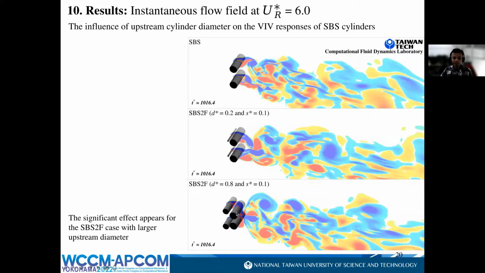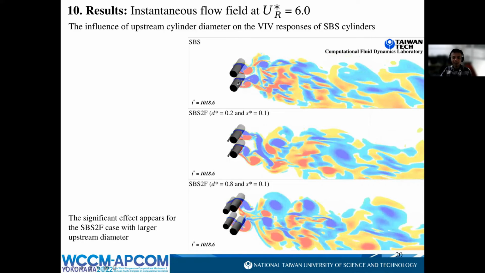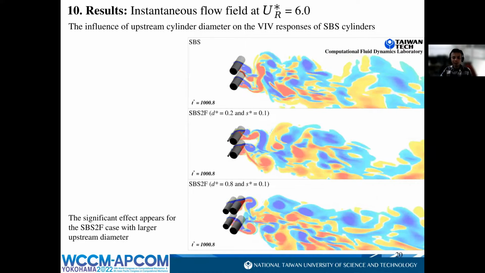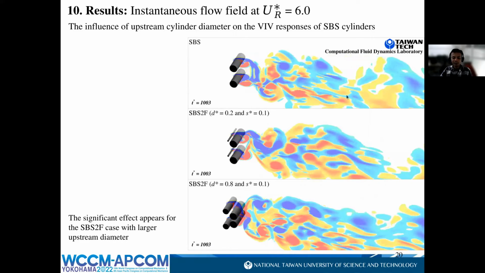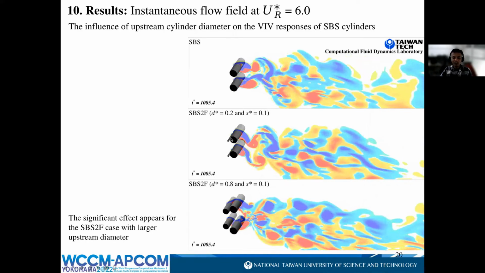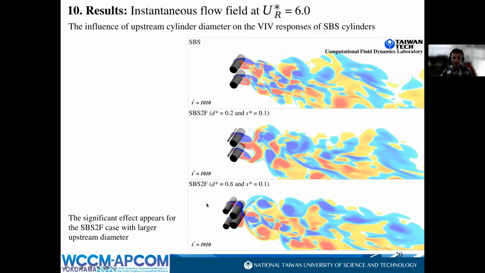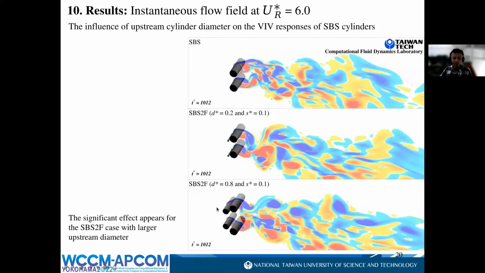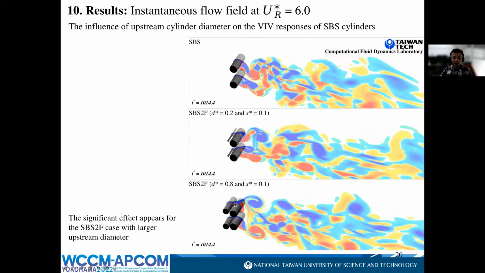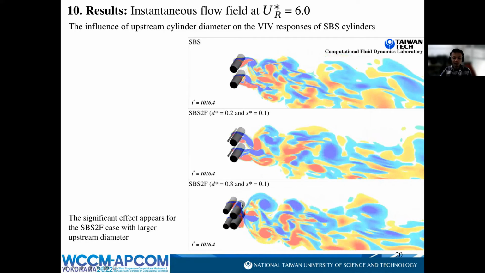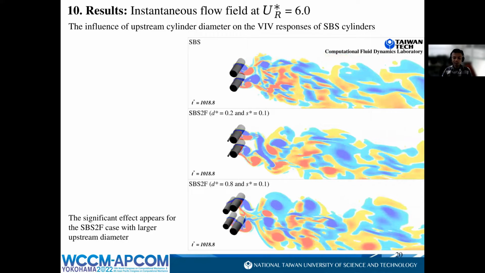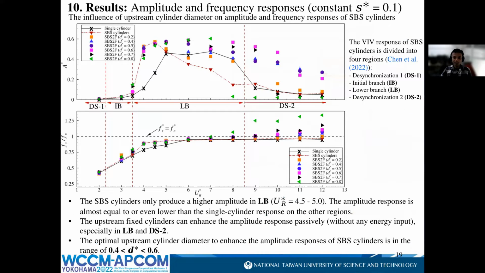For example, the original set-based set gives the in-phase response, and when we apply the smaller upstream cylinder, the response is still in the in-phase condition. But if we apply the set BZ2F with the larger upstream diameter, we can change the response as well as enhance the VIV response. So based on this result, at UR equal to 6, we will get the higher amplitude here with the larger upstream diameter.